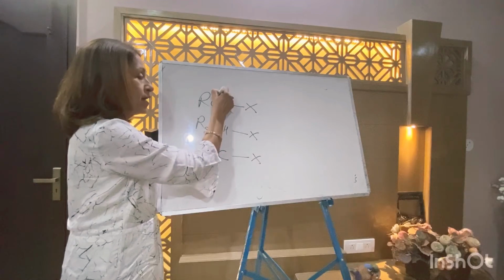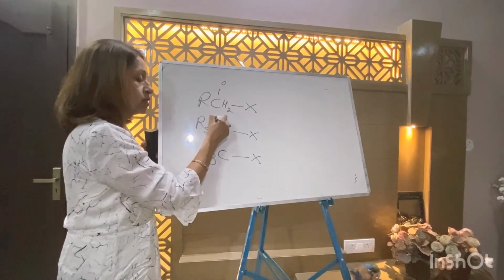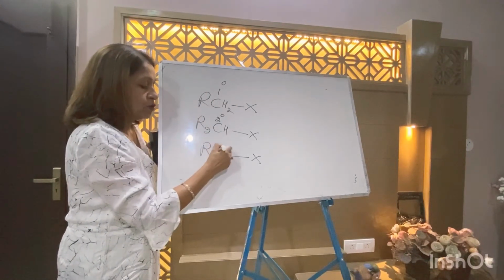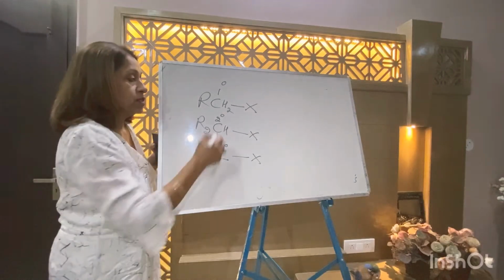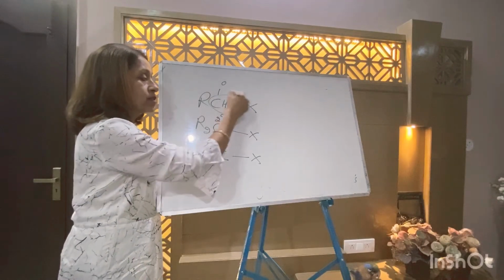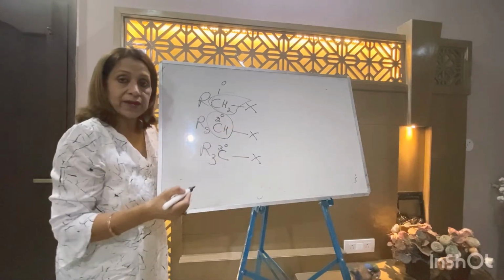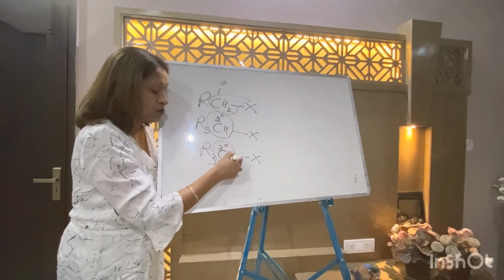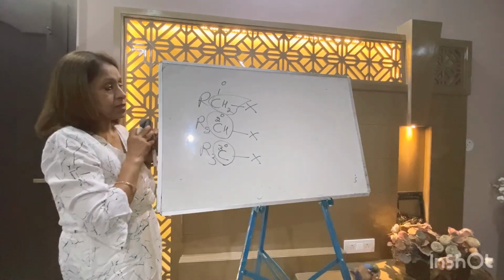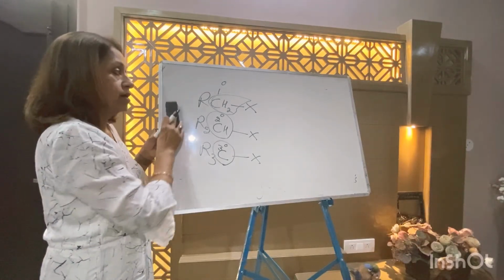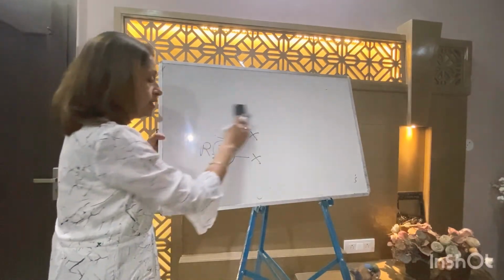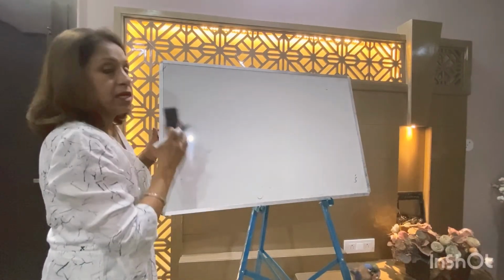So this is your primary compound, this is your secondary compound, and this is your tertiary compound. CH2X primary, CH secondary, and C is tertiary.